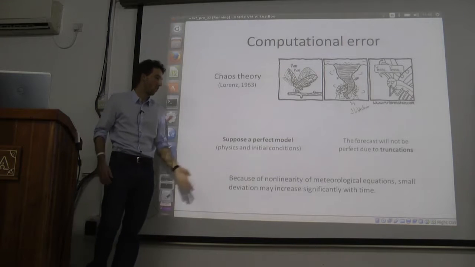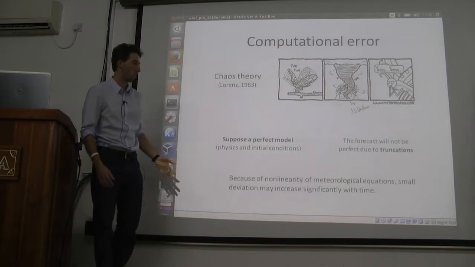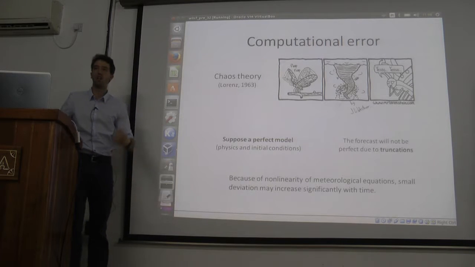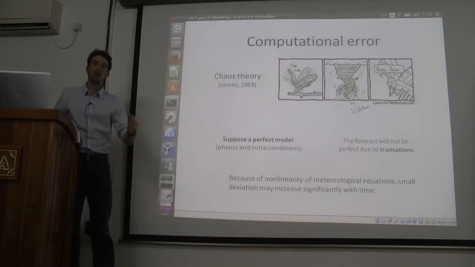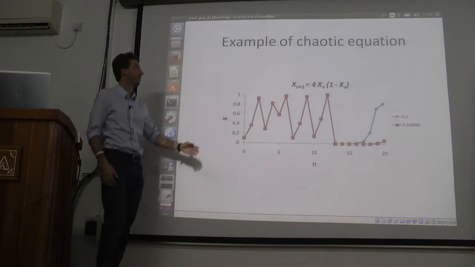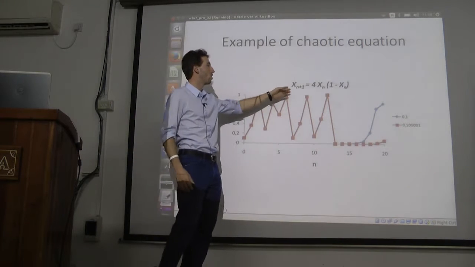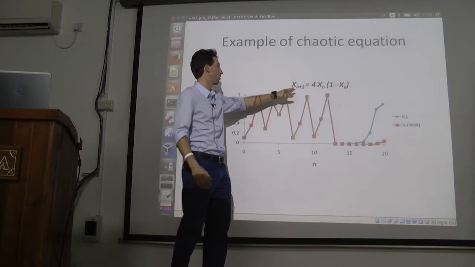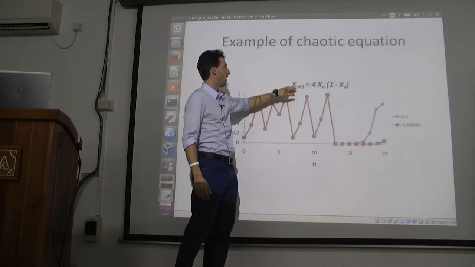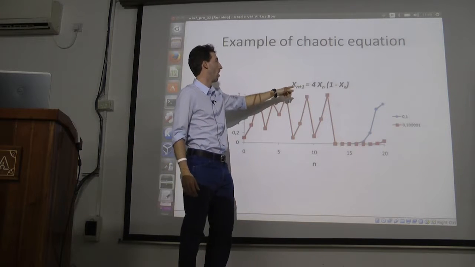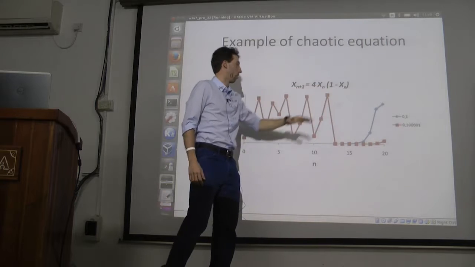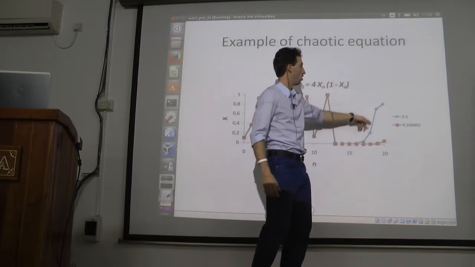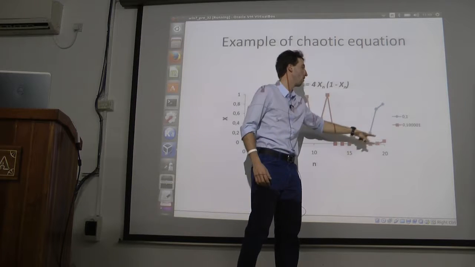And because of the nonlinearity of meteorological equations, small deviation may increase significantly the error during the weather forecast. So for example, a simple, trivial equation, like the next time step of a variable x is equal to an equation, and after 15 time steps, the solution will be completely different.